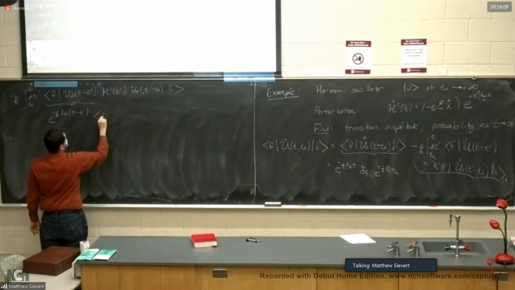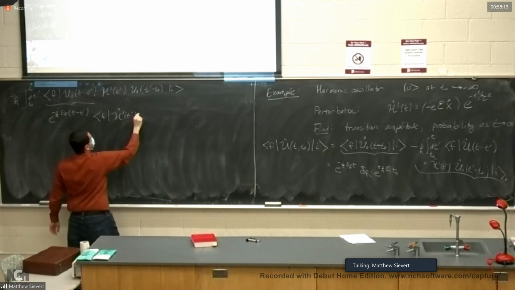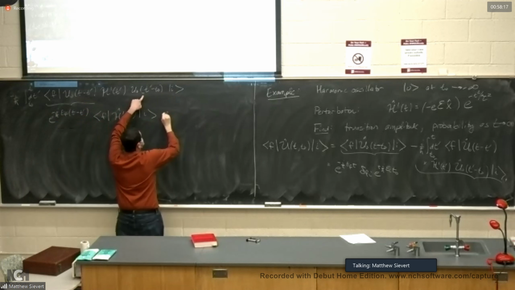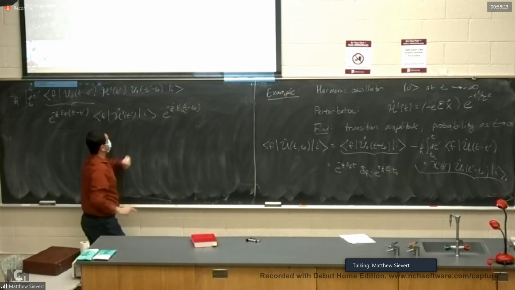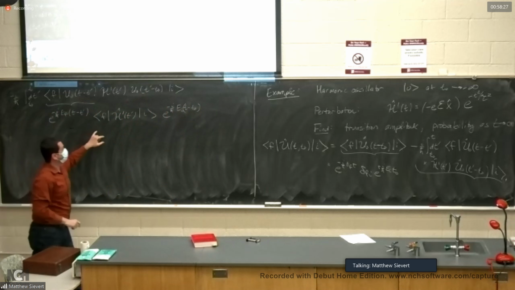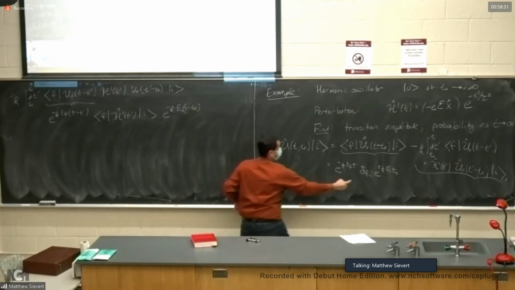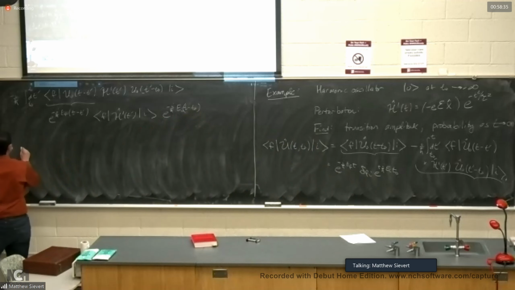And then the state f comes through, H1 of t prime. Here the state i comes through, and it gives me a phase factor e to the minus i over h bar, E initial times t minus t naught. So if I pull these things together, I can pull out that E initial times t naught at the end, just like here, and the E final times time in the front.